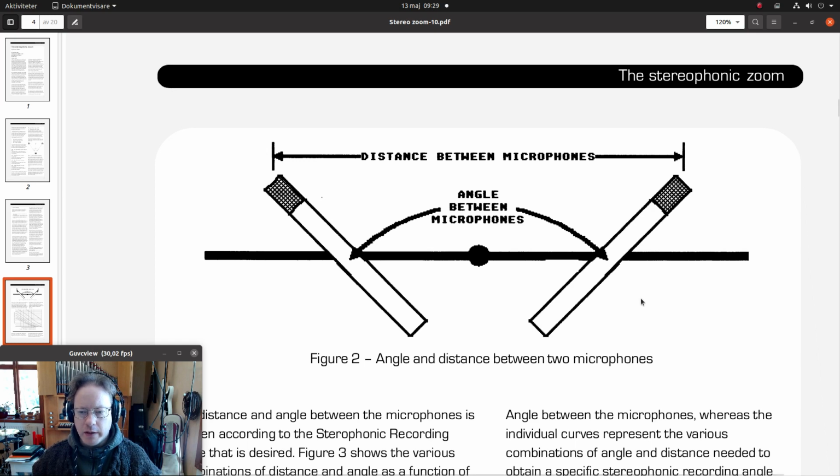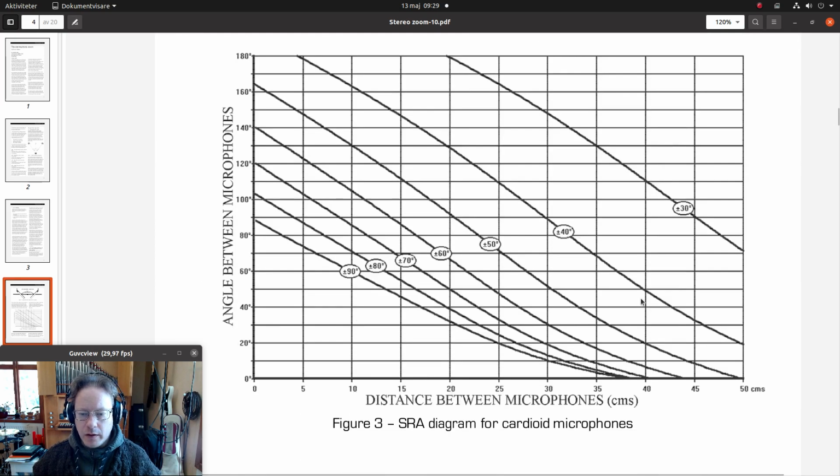And to help you with this decision, he has various diagrams depending on the type of microphones where you optimally should have the distance between the microphones and what angle should be to achieve a certain stereophonic recording angle.